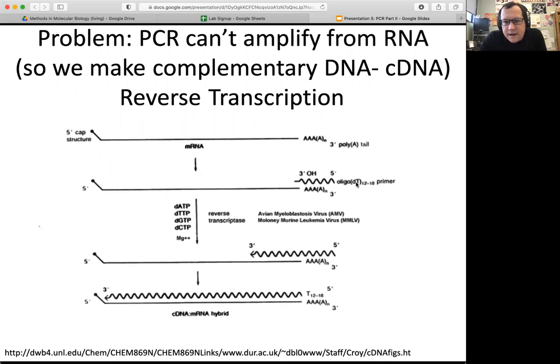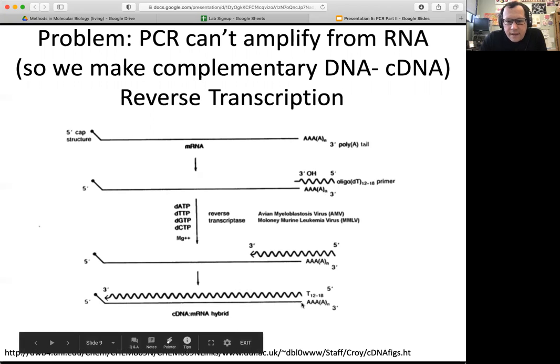So it's a deoxy T. It's a DNA oligonucleotide, so 12 to 18 T bases. Those will base pair to the poly-A tail that's on the messenger RNA. The reverse transcriptase will hop on to that primer and make a DNA copy of the RNA.